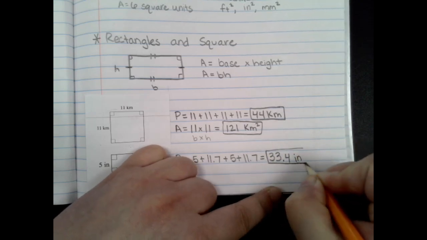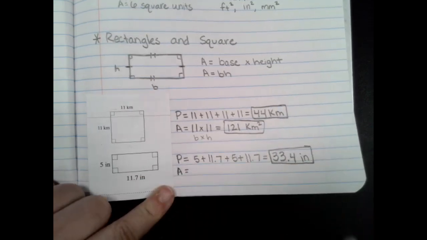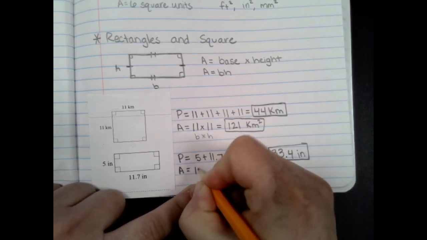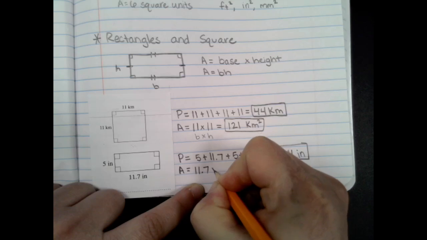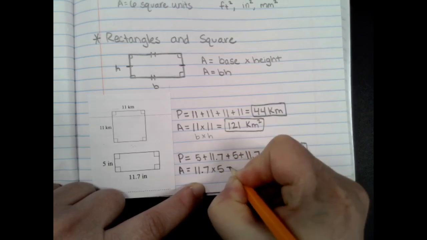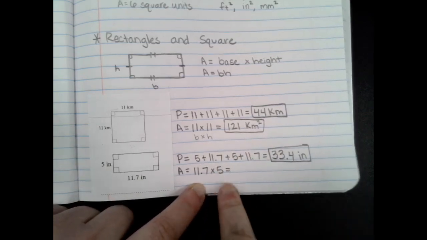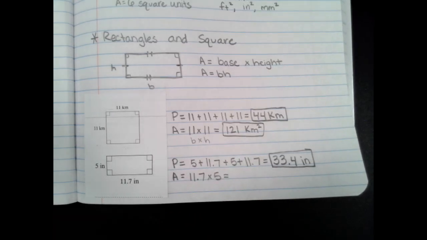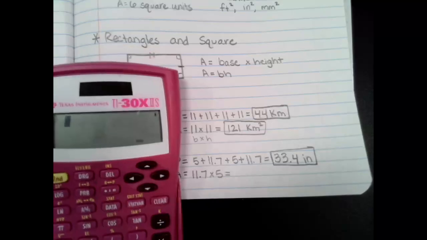Yep. Alright, so for area, what two numbers am I going to multiply here? 11.7 and 5. Good. Could I have written 5 times 11.7? Can I switch those? Yep. For base and height, when we just multiply, it doesn't matter which one's which.